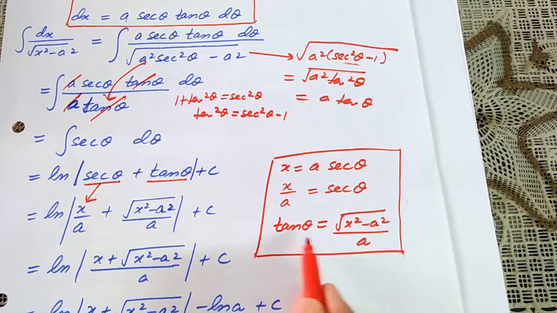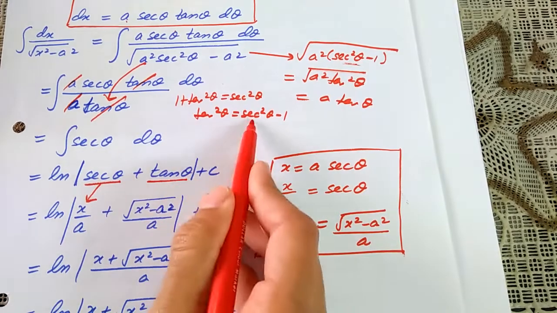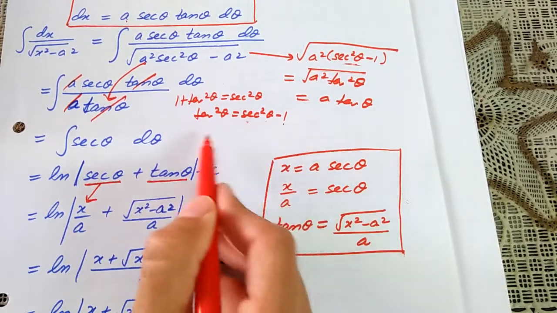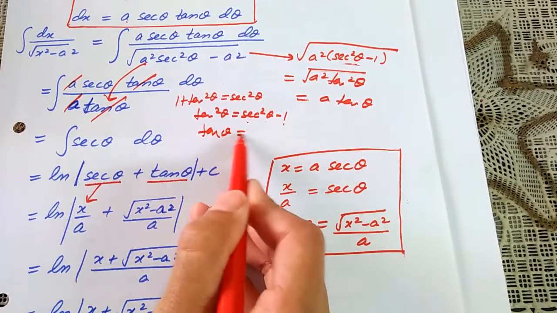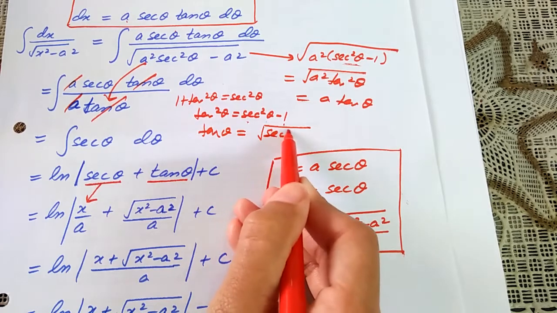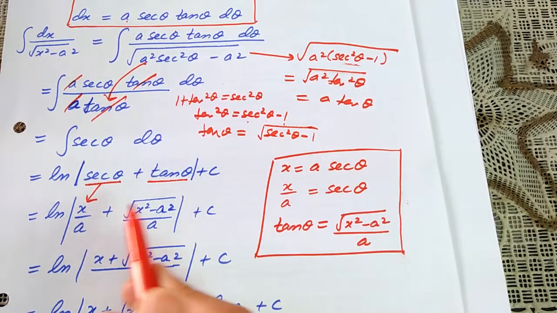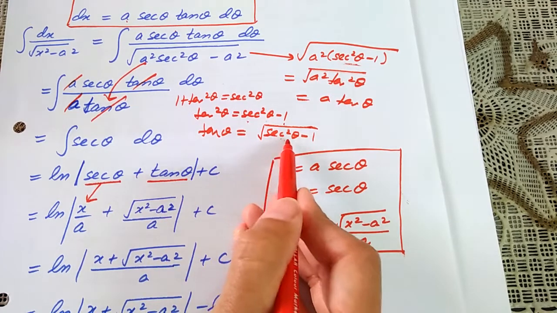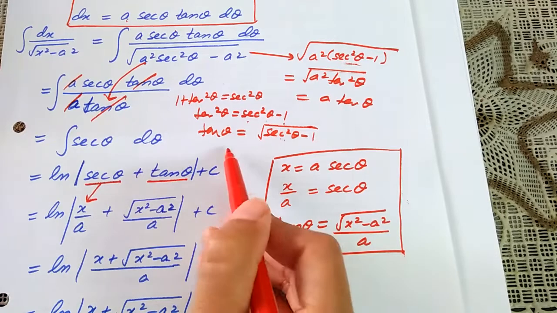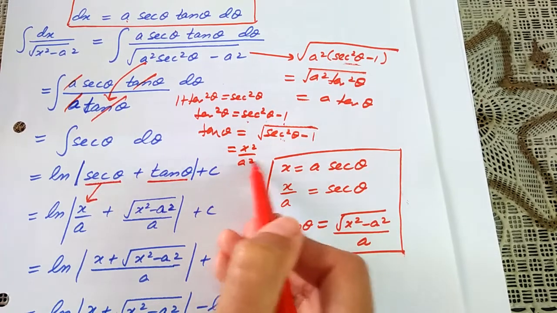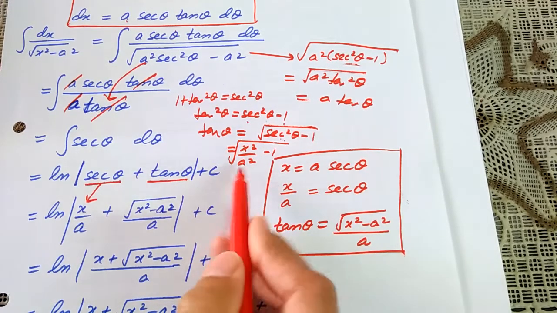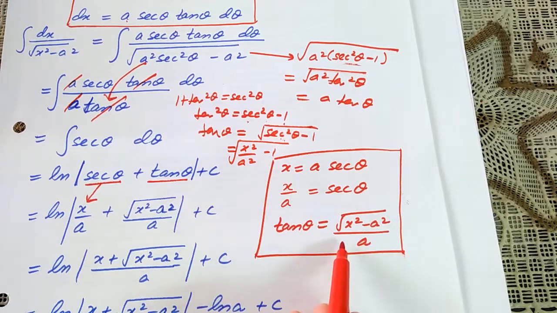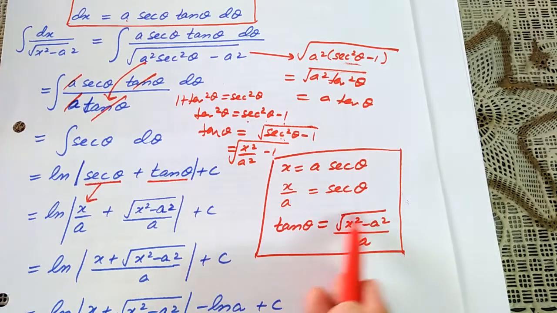You know that tangent square of theta is equal to secant square of theta minus 1. So tangent theta will be square root of secant square of theta minus 1. Just put the value of secant square of theta here, that is x square over a square, minus 1, square root. Simplify it, we will get this answer: tangent theta equals square root of x square minus a square divided by a.